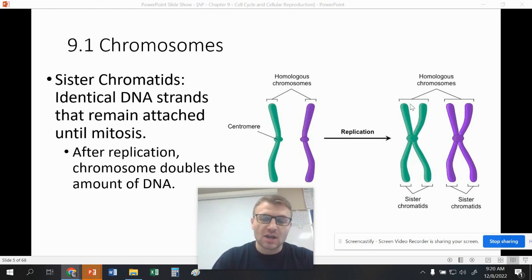Non-sister chromatids, like this structure and this structure, or these ones here, do not have the same exact genetic information. They might have the same genes, but they might have different alleles. We'll come back to those terms later in the next couple chapters, but honestly, just remember that these sister chromatids have the same exact genetic information. I mean, to the T, they're exactly the same.